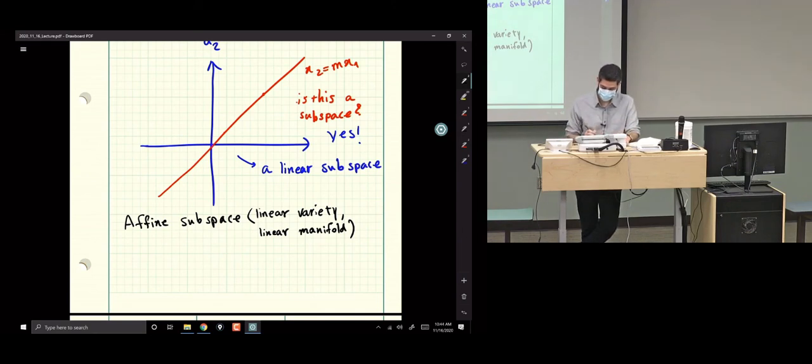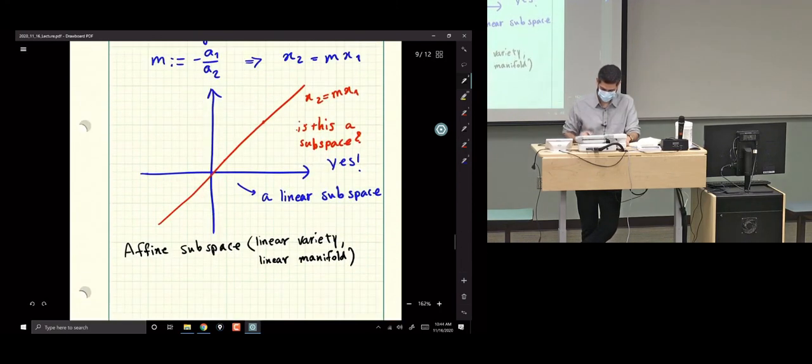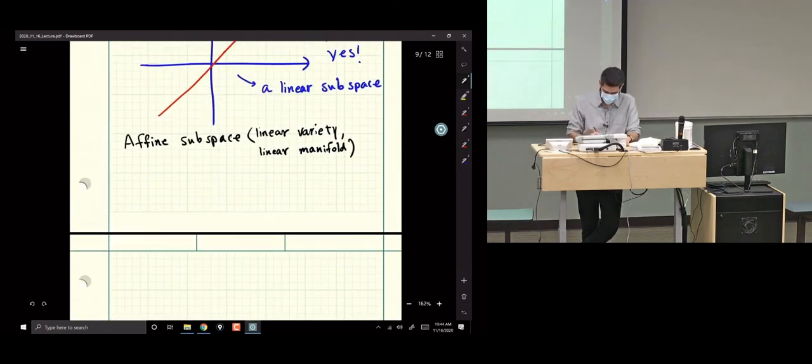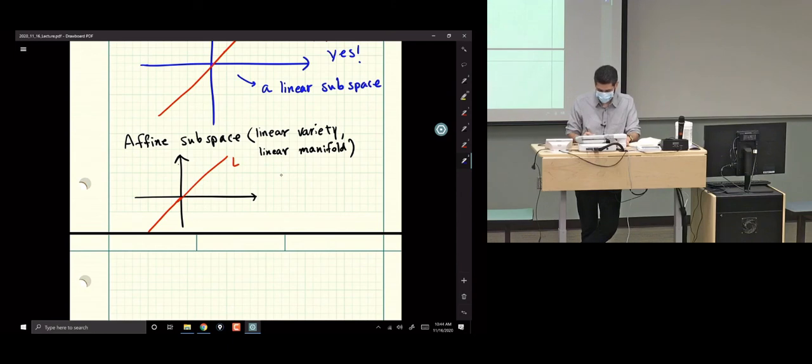So affine subspace or linear variety is when we take this set L, and then we say it's affine variety, let's call it M, when you pick an element like V, a vector like V, and add it to L. What happens?